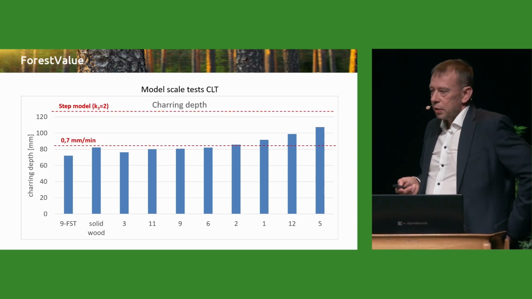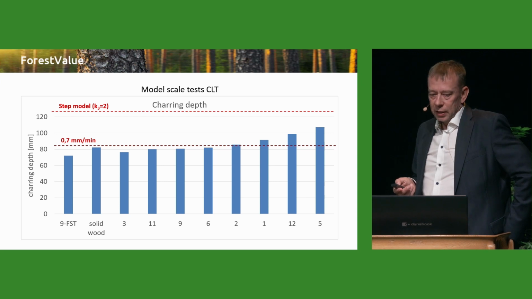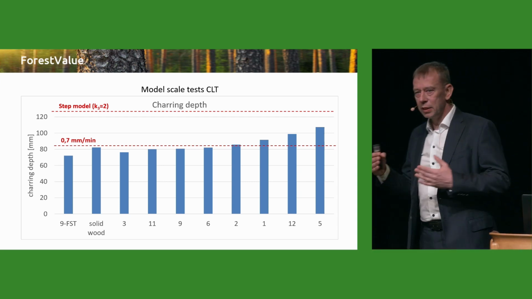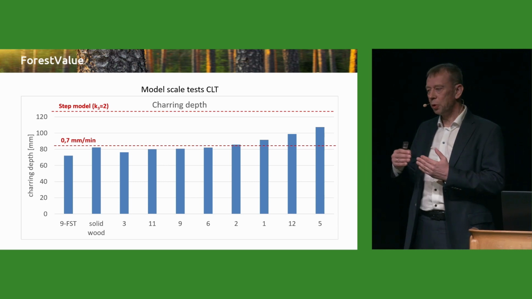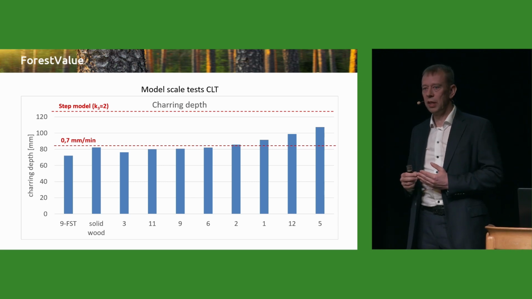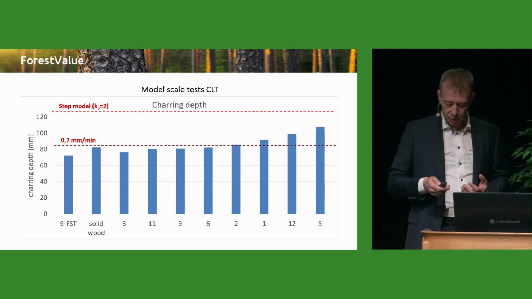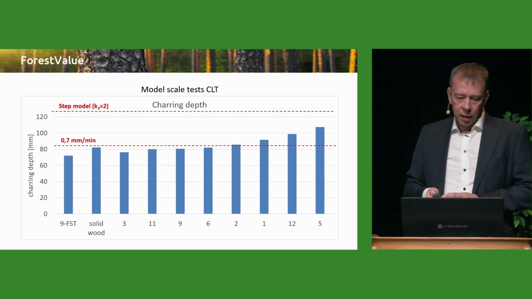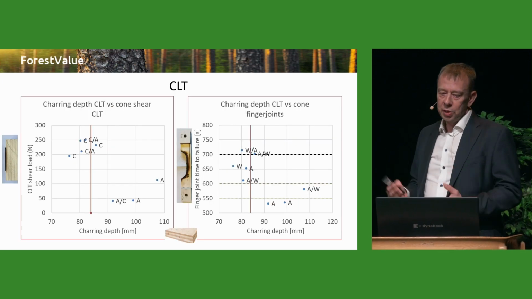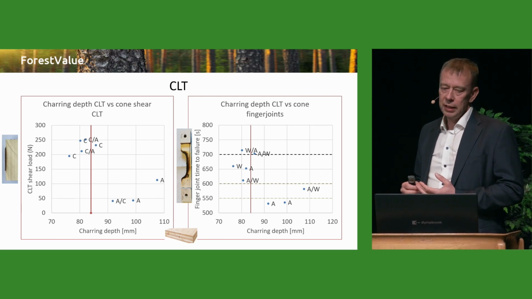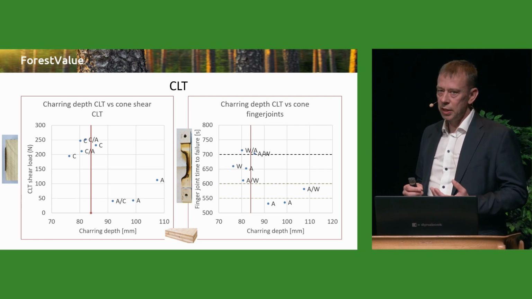If you take the known charring rate that the engineers always know, 0.7 millimeters per minute, then we could get this charring depth at the end. So the red line shows you 0.7 millimeters per minute, so for some of them, the adhesives are over. And what we are trying to do is to predict this behavior in the furnaces by our small-scale methods.